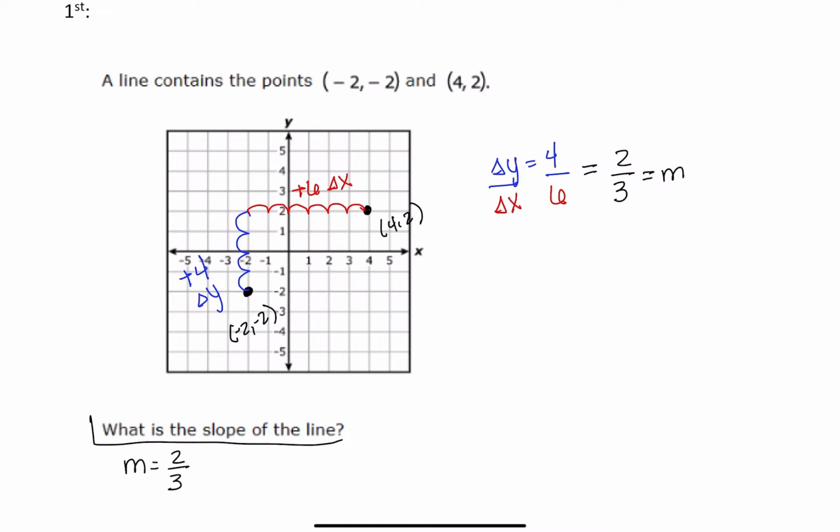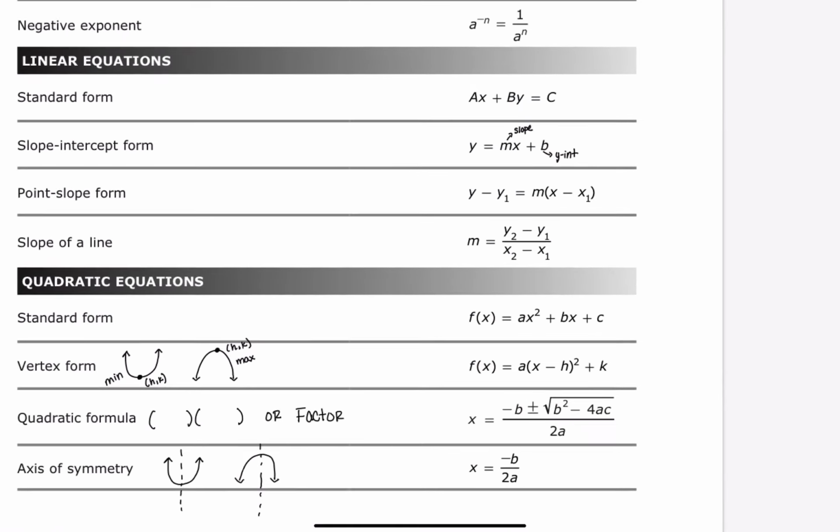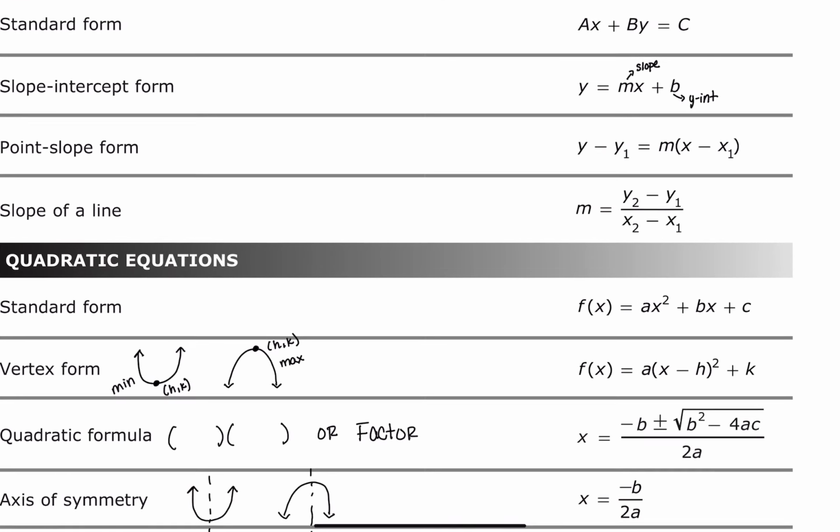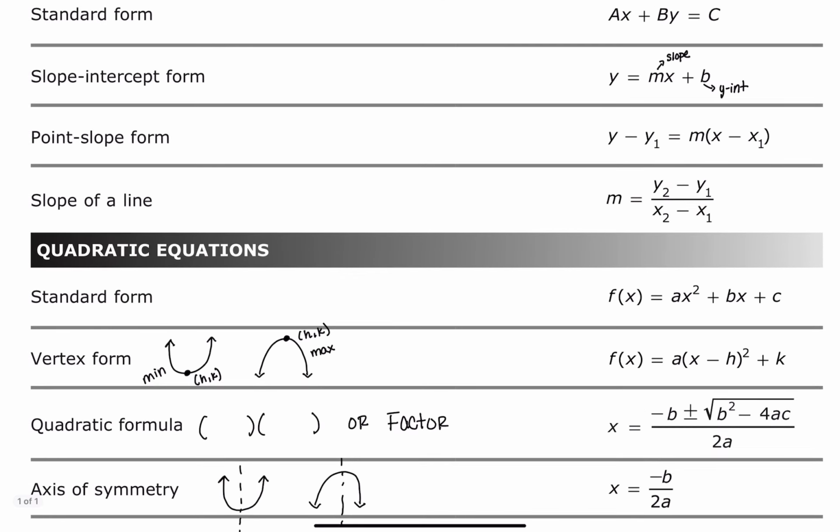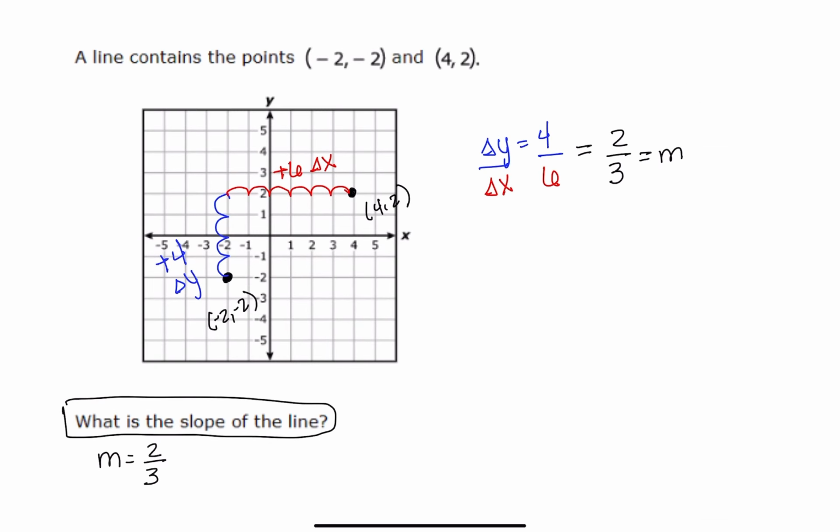Okay, so the other way is going to be using, let me go to our reference sheet, the slope of a line formula. So it would be using this one right here. y2 minus y1 over x2 minus x1, because you're given 2 points. So here, I'm going to put m equals y2 minus y1 over x2 minus x1.